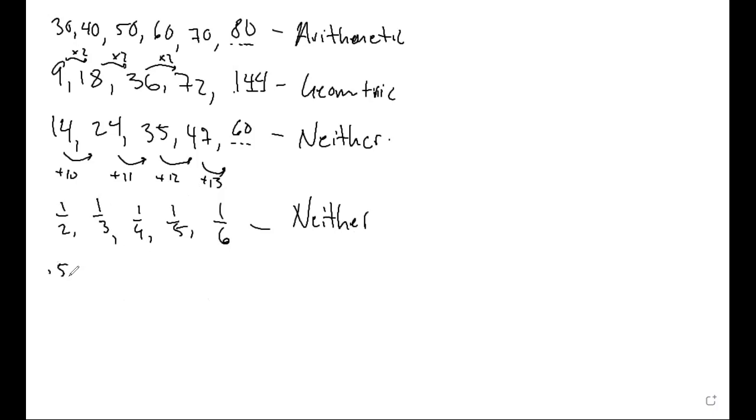So this is 0.5, this is 0.3 repeating, this is 0.25, this is 0.2, right? So from here to here, you subtracted off 0.17, let's say. From here to here, you subtracted off how much? 0.08, right?